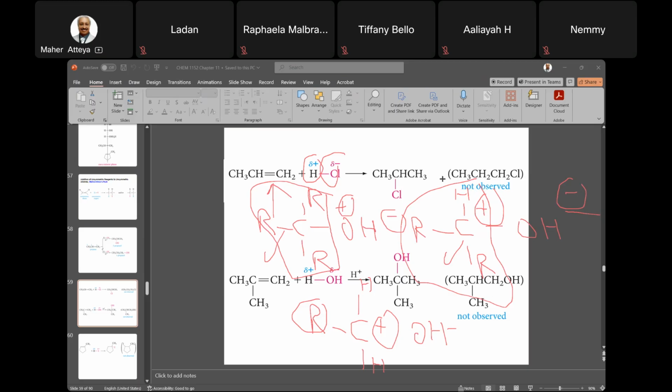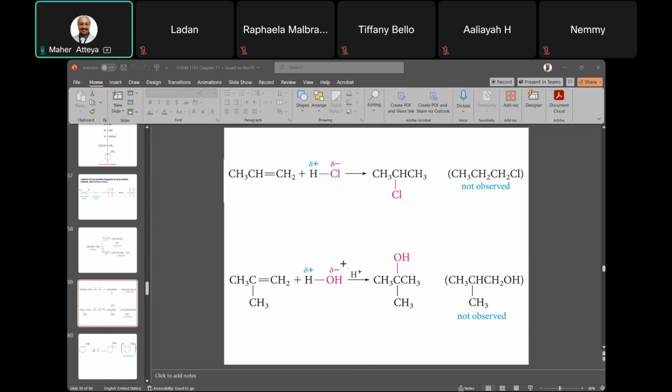So we are expecting that the chlorine will attach itself to the second carbon. Why? It will make a secondary carbocation, which is much more stable. The same thing with the second example here: the OH will connect itself to the second carbon, can you see, not the first one.